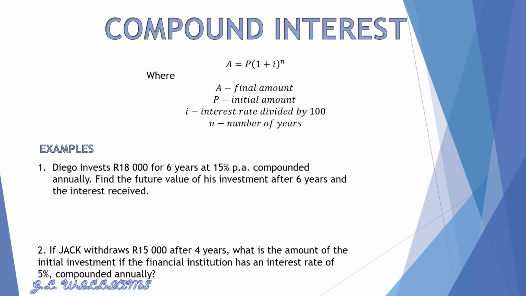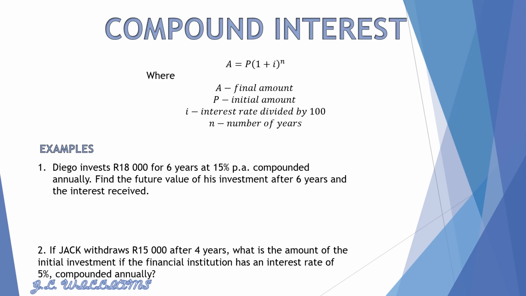This is now the final section on interest, and we will be looking at compound interest, right? And the formula is over there, where A is equal to P bracket 1 plus I raised to the exponent n.